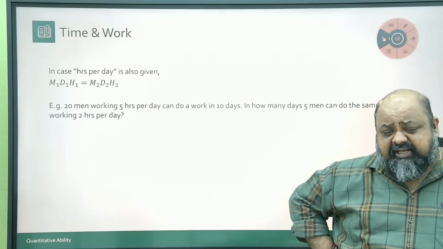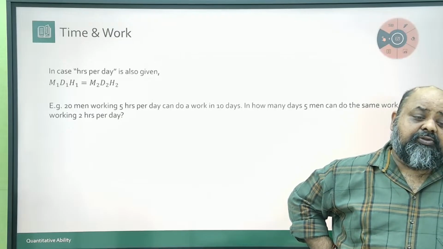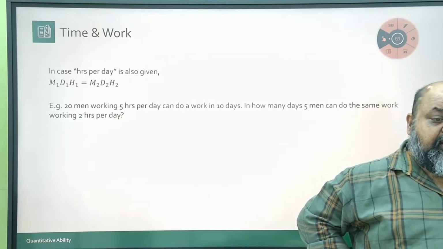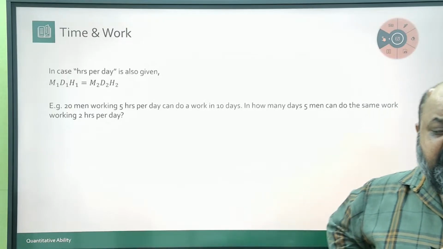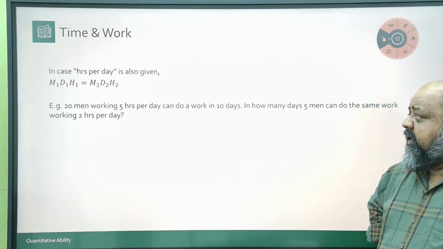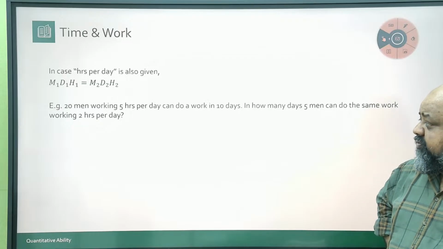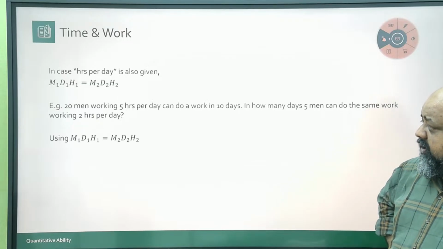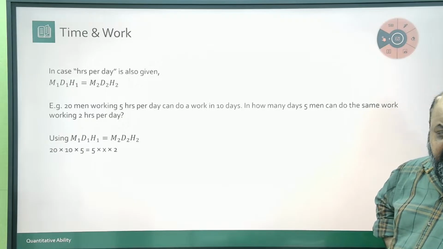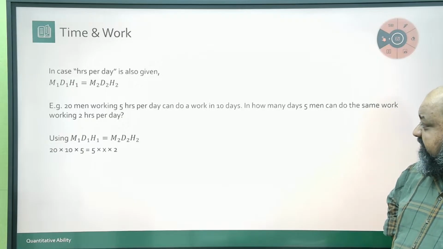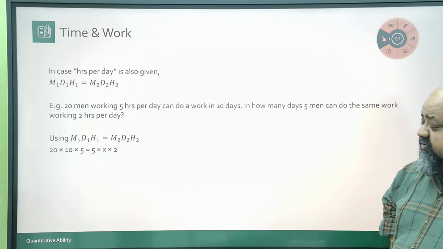You can use proportionality, you can use the concept of saying that the amount of work is the same, so equate. Or you can simply write the formula m1 d1 h1 is equal to m2 d2 h2. So 20 men, 5 hours per day, 10 days: 20 into 10 into 5 is equal to 5 men, 2 hours, 5 into x.